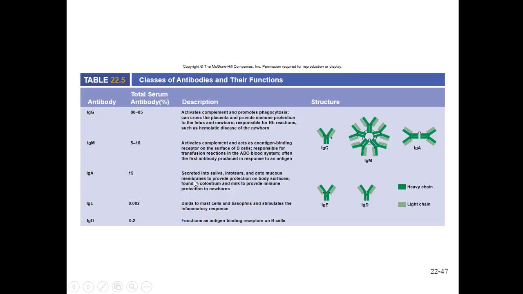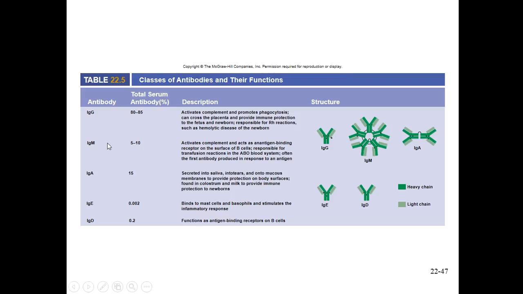We can also see some specific locations: IgA, saliva, tears, mucous membranes, and found in the milk to provide immune protection to newborns. The amazing thing is these babies don't digest these antibodies, but instead they just absorb them where they go to work in their body.